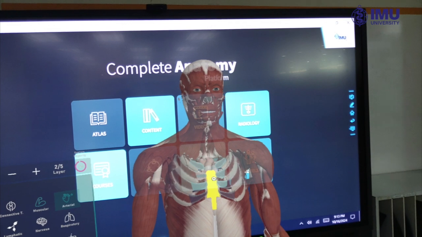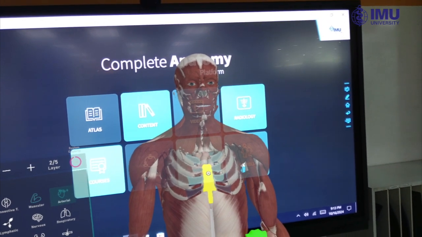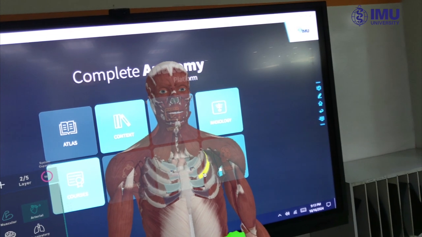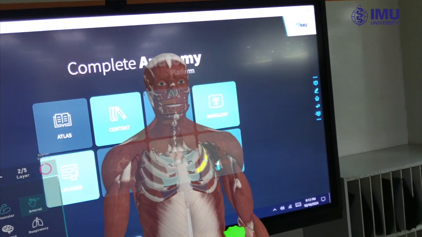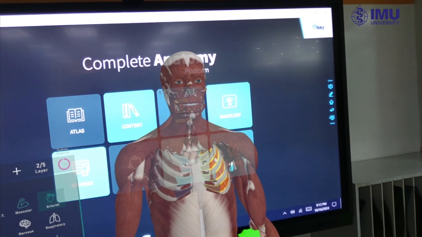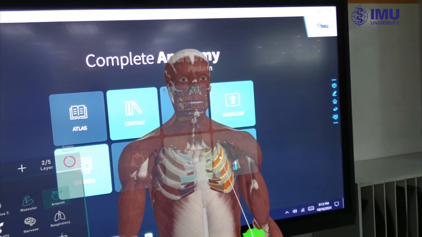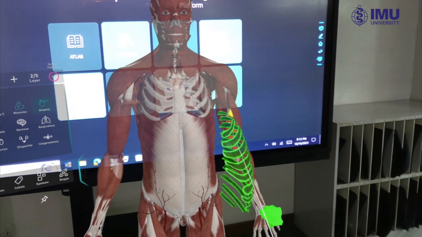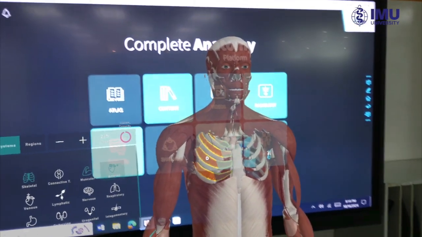We can remove the body and xiphoid process, but let us now go to the internal intercostal first. So this is internal intercostal. We can remove the left side internal intercostal. This is the right side.